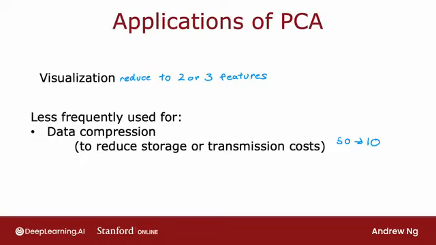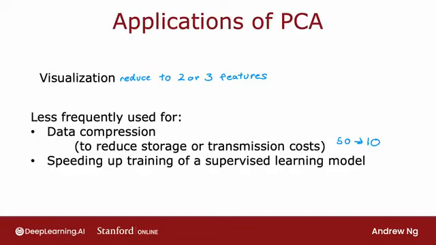One of the applications of PCA that, again, used to be more common maybe 10 years ago, 20 years ago, but much less so now, is using it to speed up training of a supervised learning model, where the idea is if you had 1,000 features and having 1,000 features made the supervised learning algorithm run too slowly, maybe you can reduce it to 100 features using PCA, and then your data set is basically smaller and your supervised learning algorithm may run faster.